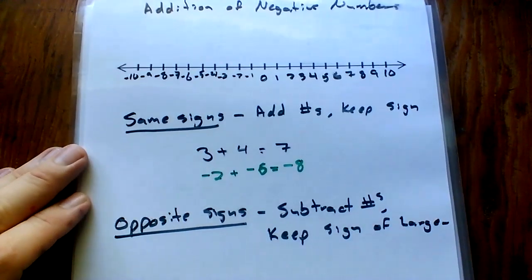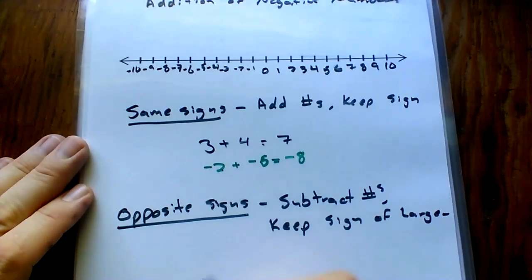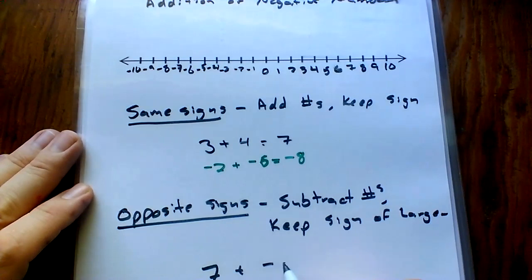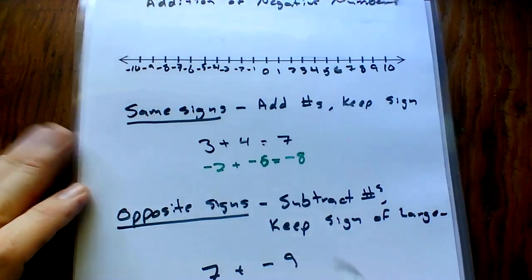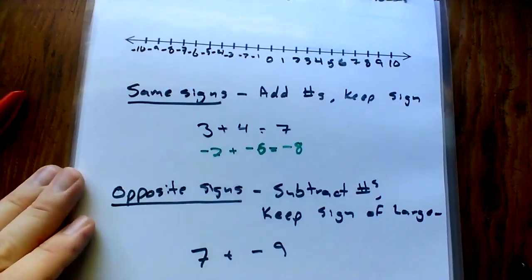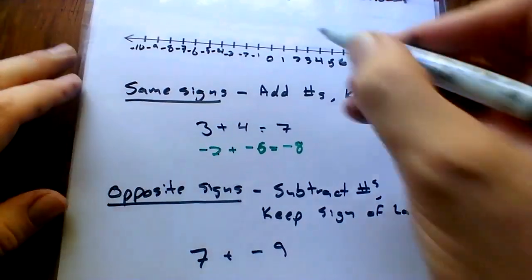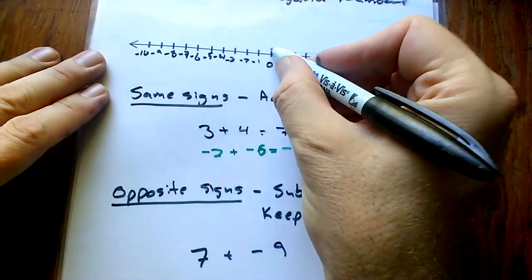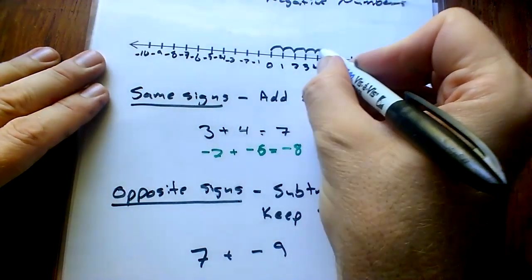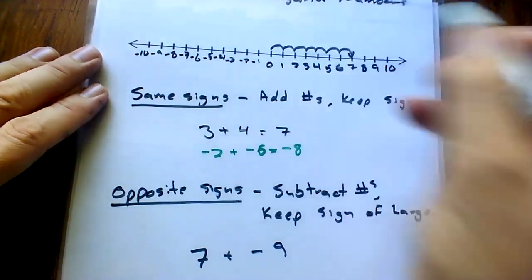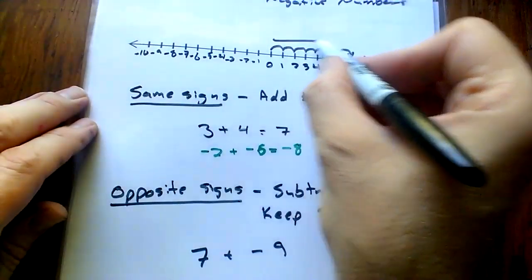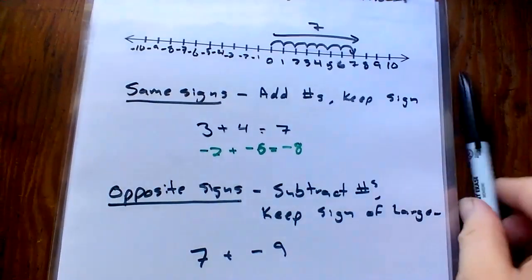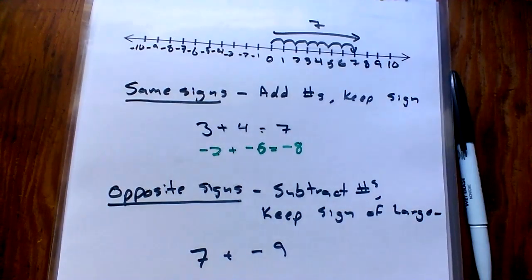So say we've got something like 7 plus a negative 9. With this, I will say, okay, I've got my original 7, so I go 1, 2, 3, 4, 5, 6, 7. And then, so that's 7. And then from here, I'm going to add a negative 9.